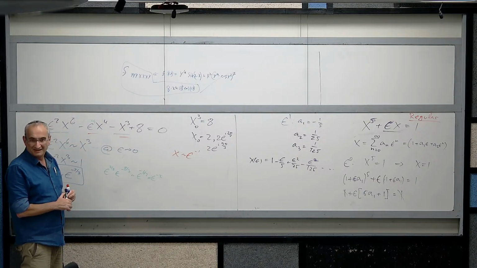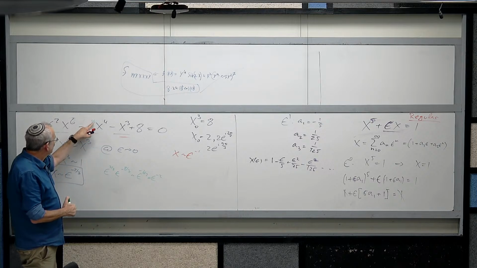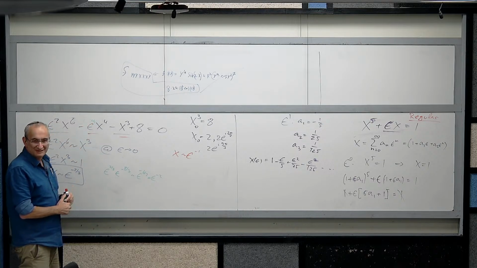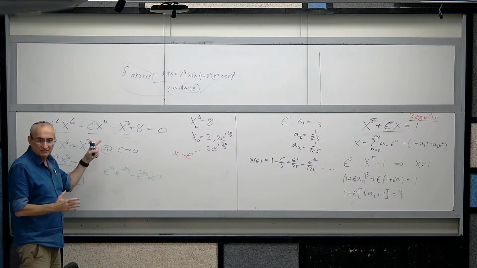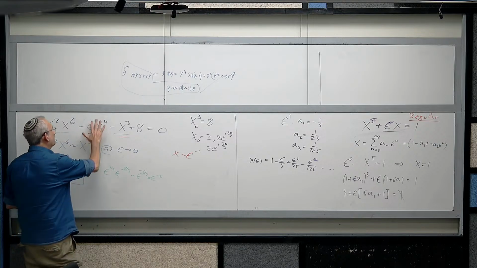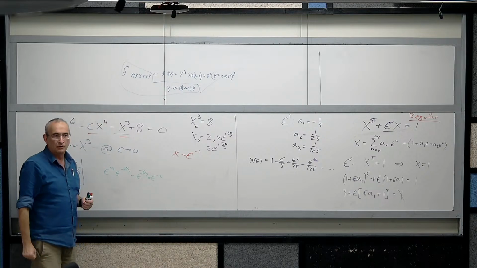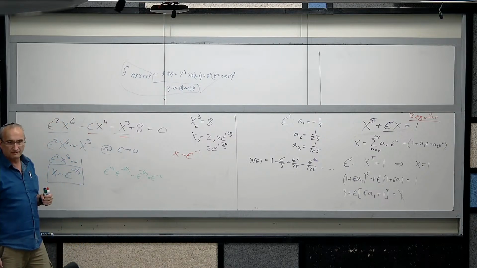This may be, but I had to fine-tune the system to do that. So it may happen that all three terms are important, but the generic case is that only two of them are important as epsilon goes to 0.